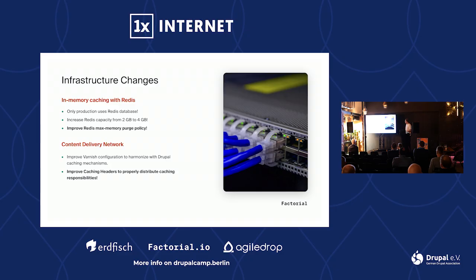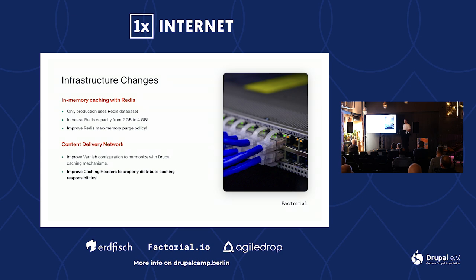Yeah. And we made some changes to improve this. Again, it's connected. First, you have to lower the variations, but then you can also make changes on the infrastructure level. So here we went and increased the size for the Redis cache. And then also technical details, for example, how do you purge the cache in your Redis server?